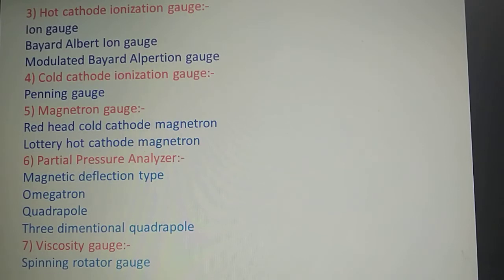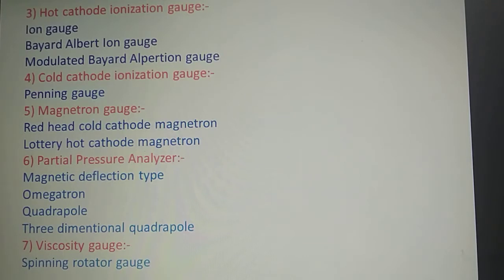What are hot cathode ionization gauges? Ion gauge, Bayard-Alpert gauge, and modulated Bayard-Alpert gauge. These are the types of hot cathode ionization gauge. Cold cathode ionization gauges are the Penning gauge and magnetron gauge. The types of magnetron gauges are the red heat cold cathode magnetron and the hot cathode magnetron.